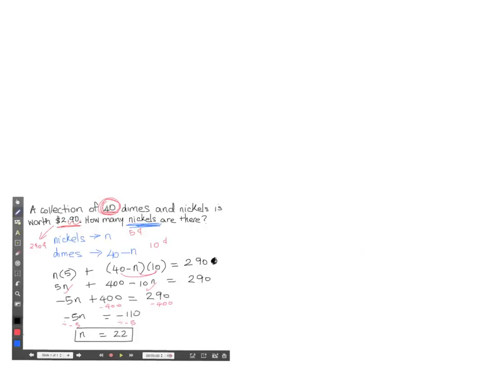All right, so we just got 22 nickels, which means that since there were 40 coins in all, there are 18 dimes. All right, so if we have 22 nickels, well, 22 times 5 cents, what is the value of our nickels? The value of our nickels is 110 cents, or we can otherwise say $1.10.